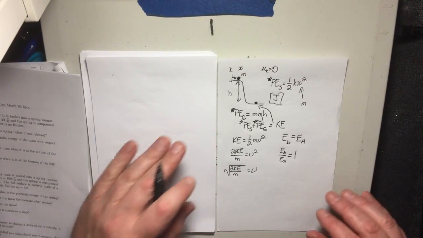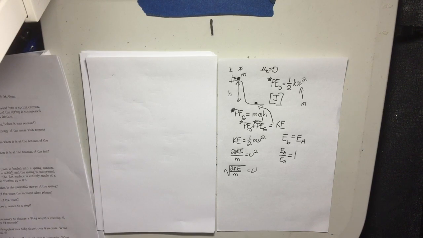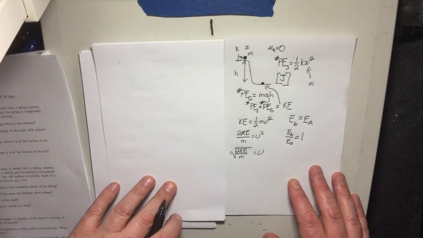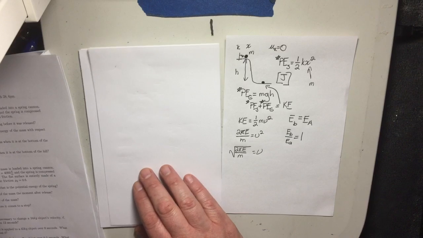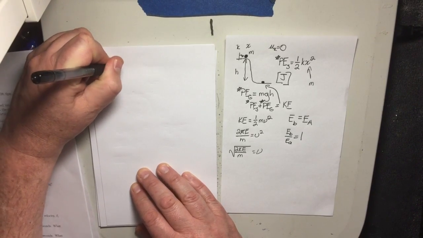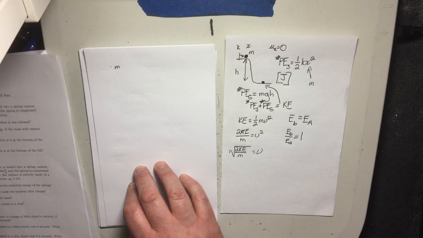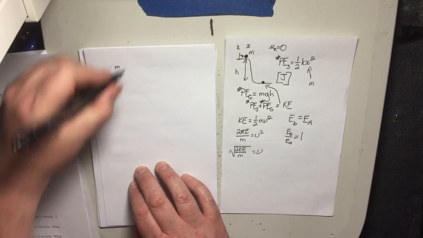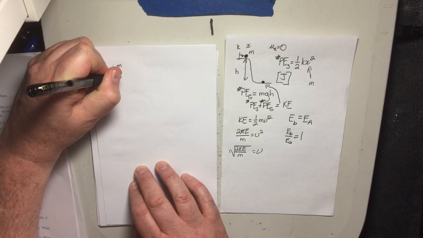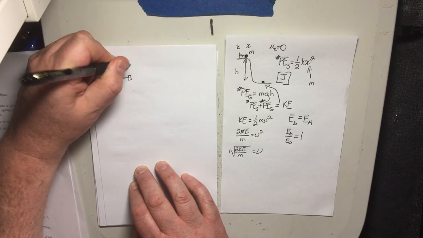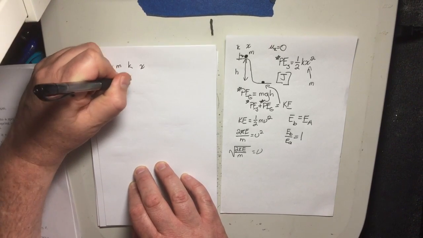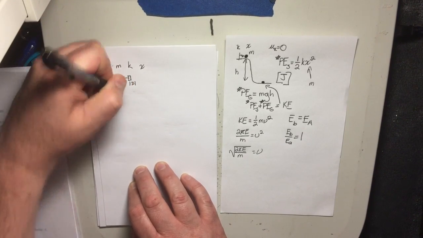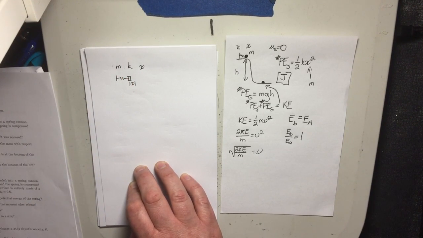For number 2, I'm making sure I'm on the page. Excuse me. For number 2, we have a mass that's given, and it is loaded into a spring cannon. The K is given, and then we have the compression distance X is given as well.